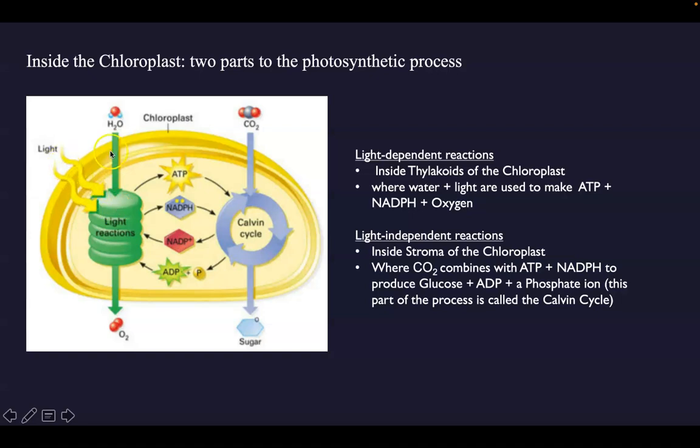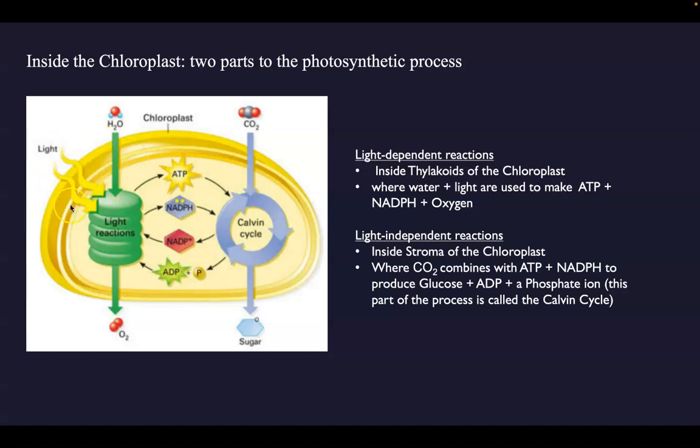So we need light and we need water. We need the byproducts that are happening from the simultaneously occurring Calvin cycle that's ongoing. And that is going to make it possible to produce ATP and NADPH, which is needed to make the sugar. So these are two parts of the process that really feed into each other constantly.